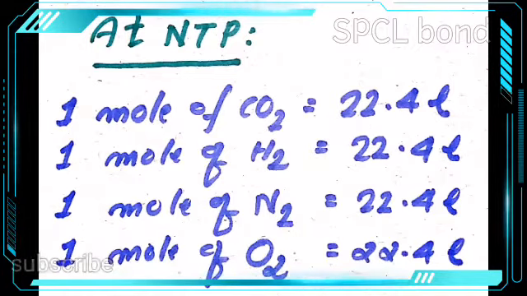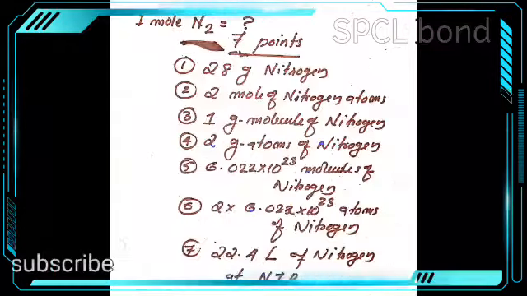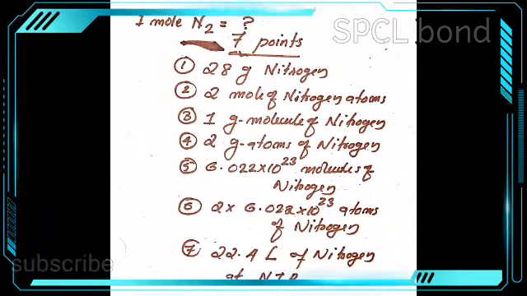As a conclusion, we take an example, nitrogen. 1 mole of nitrogen is equal to, number 1, 6.023 × 10^23 molecules of nitrogen. Number 2, 2 × 6.023 × 10^23 atoms of nitrogen, because nitrogen is a diatomic gas. Number 3, 1 gram molecule of nitrogen.